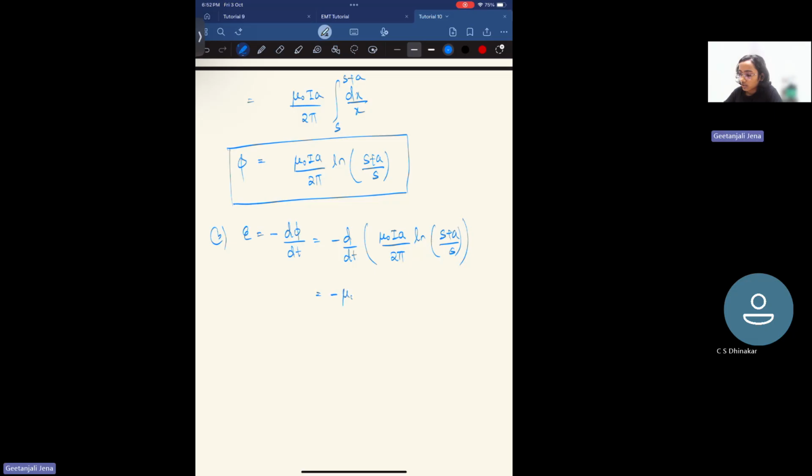Take out the constant, and derivative of ln x is 1 by x. So this will give s by s plus a, and we have d by dt of s plus a by s, which is 1 plus a by s.